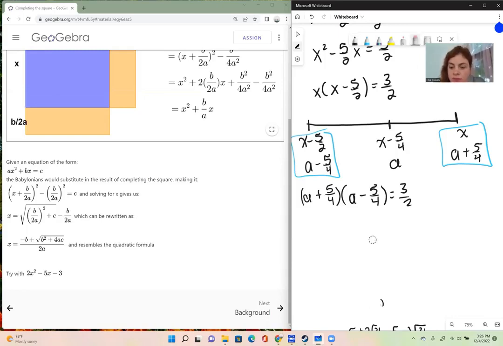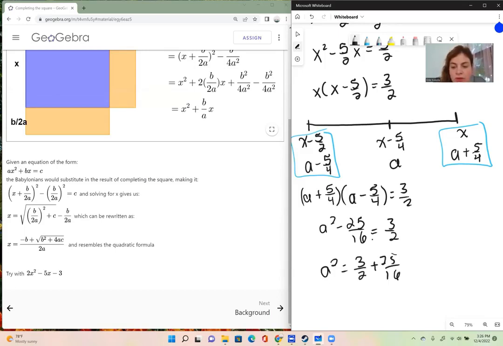Okay, this will be a squared minus 25 over 16 equals 3 over 2. A squared equals 3 over 2 plus 25 over 16.